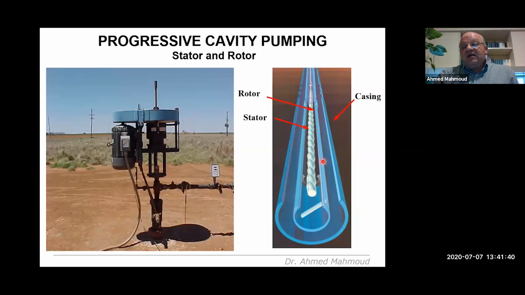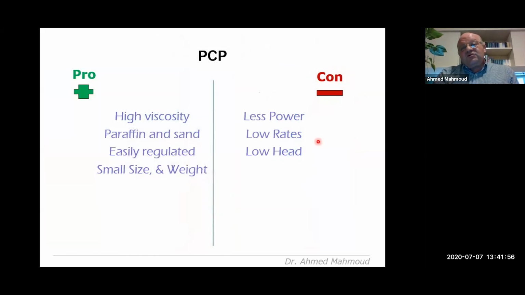And it's basically the rotation between the rotor and the static stator downhole that applies the delta P and gives you the ability to lift the high viscous fluids from the reservoir and wellbore all the way up to the surface. So what are the pros and cons?